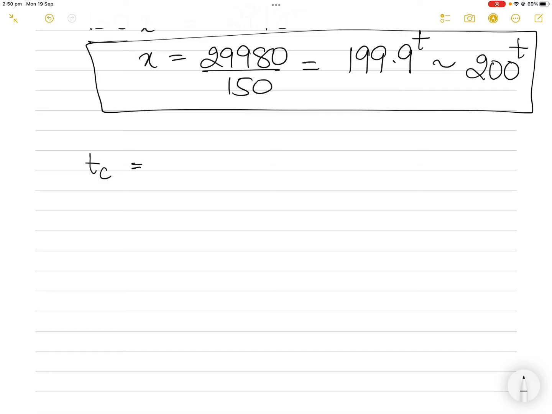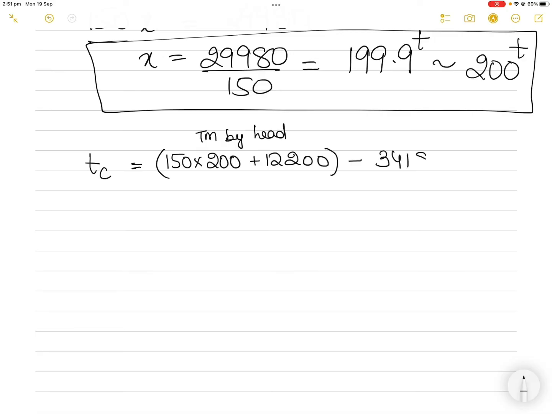So the change in trim after the loading operation is completed will be TC equals the net trimming moment. So the net trimming moment was 150 multiplied by x, which is 200, plus 12,200. This is the net trimming moment, right? Remember, this is the trimming moment by head minus the trimming moment by stern, 34,180, divided by MCTC, which is 160.